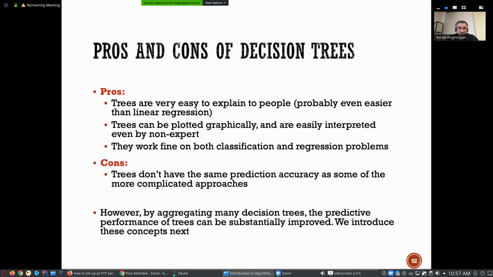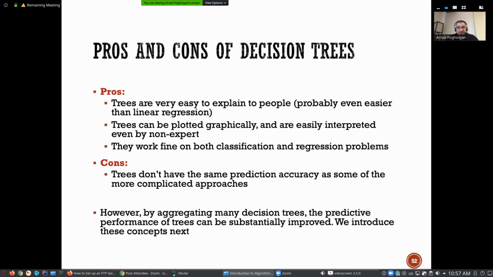First of all, the most powerful and important thing for trees is interpretability, because the visual perception when you look into the decision tree is just excellent. You exactly understand how your features are split into regions in order to predict your output.